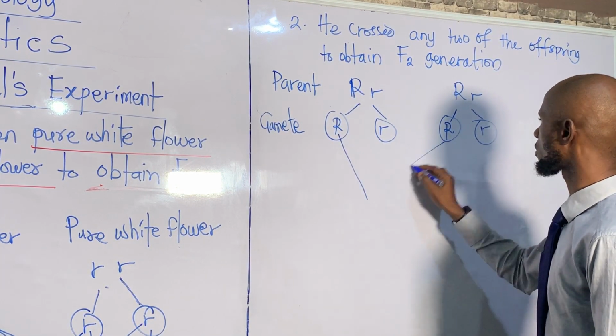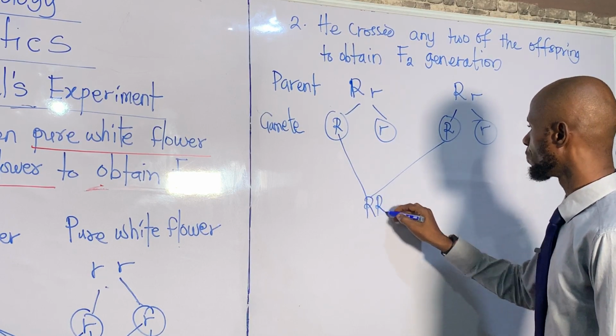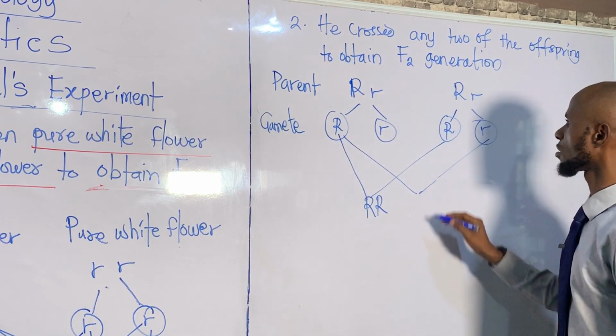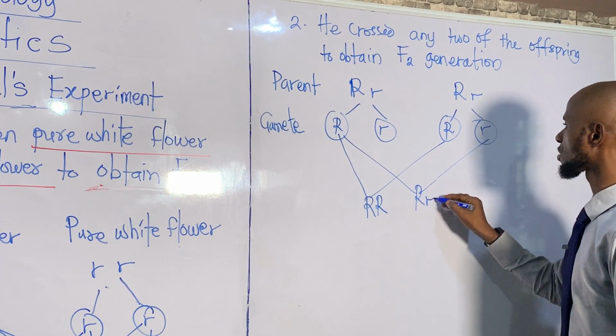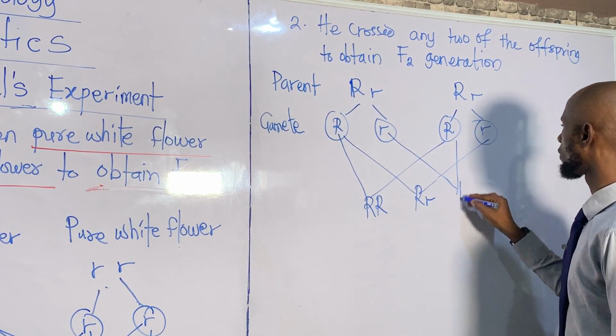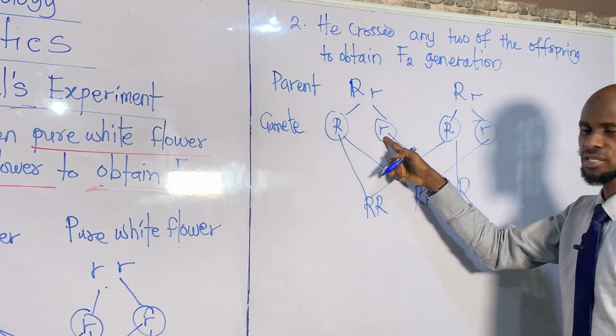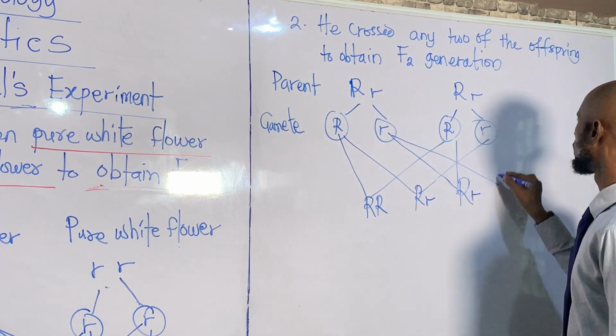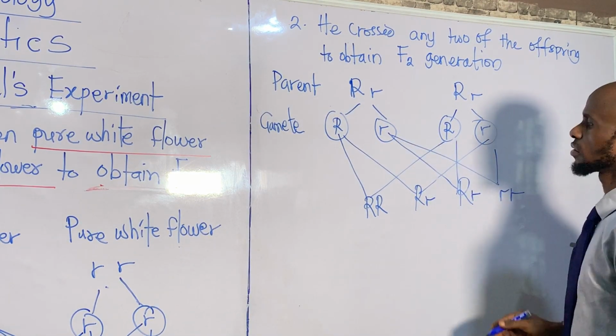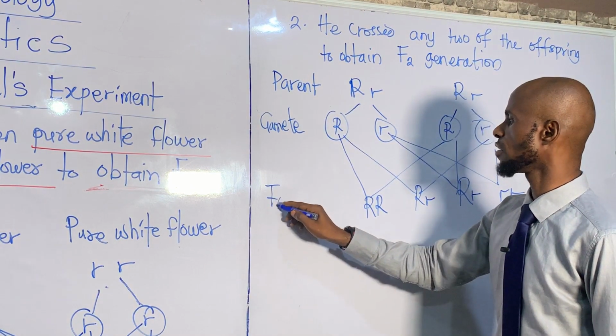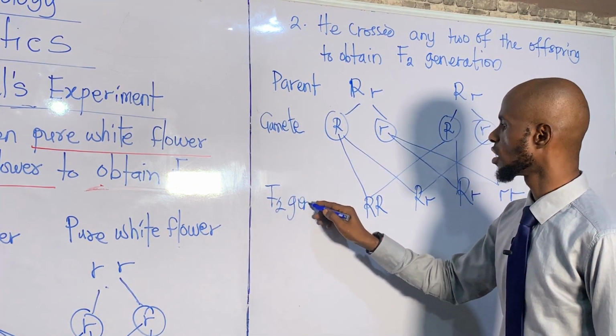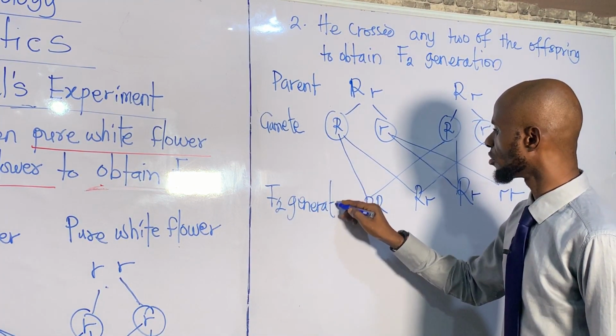We have big R, big R; then big R, small r; then small r with big R; then small r, small r. And this is called the F2 offspring or F2 generation.